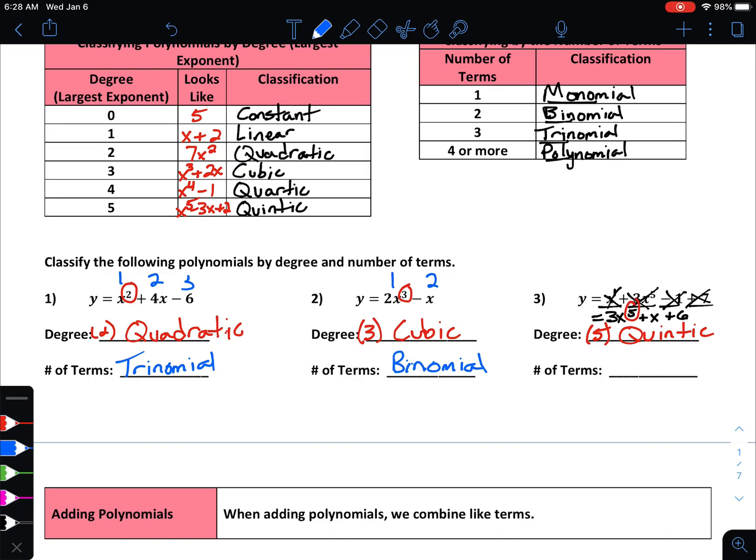Finally, on number 3, looking at your standard form equation, you've got 1, 2, 3 terms because you put together the -1 and 7, so this is also a trinomial. If you wanted to say them together, number 1 would be a quadratic trinomial, number 2 would be a cubic binomial, and number 3 would be a quintic trinomial.